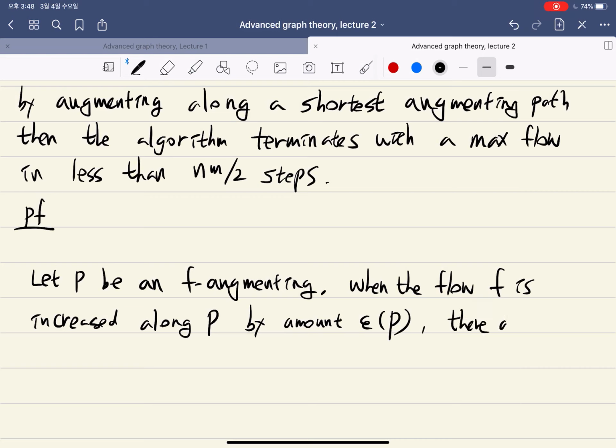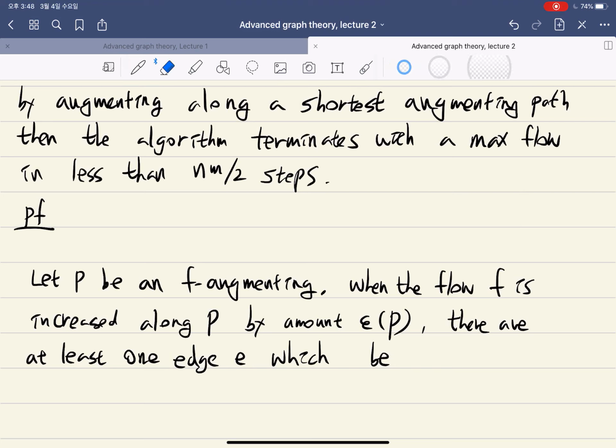Then there is at least one edge E which becomes, say, saturated.